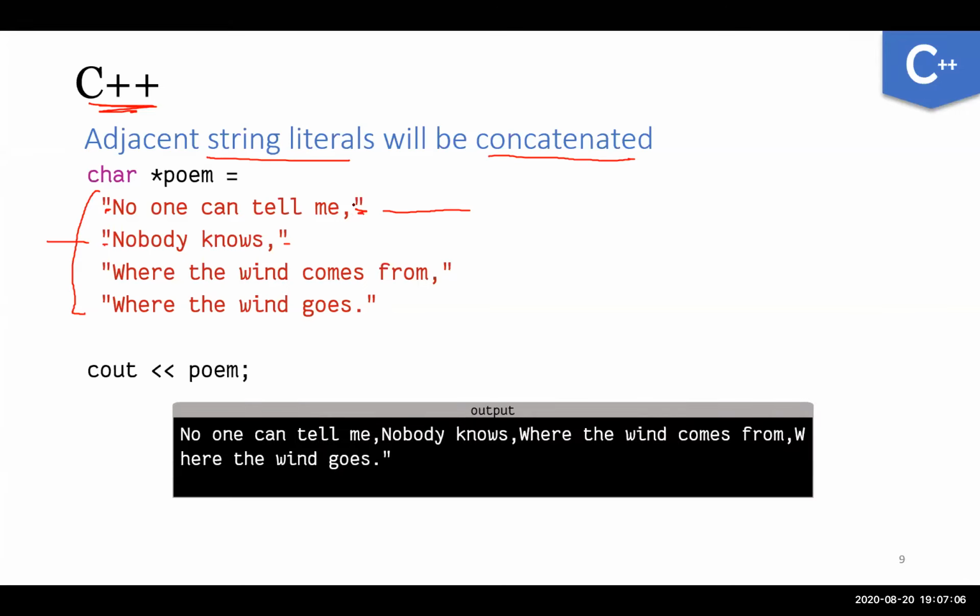Notice that there's no new line here, because I close here and open. There's no new line and there's no space. That's why these two words are next to each other. So here also, comma, then immediately after the comma, the next character is W. There is no new line, because everything here, the new line somewhere here, is all outside the string literal. So you cannot have new lines inside string literals.